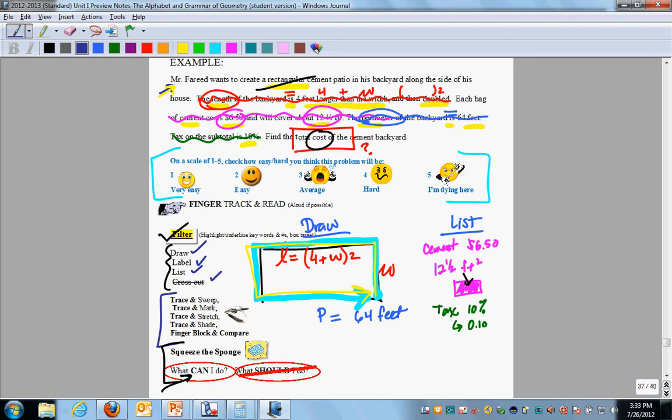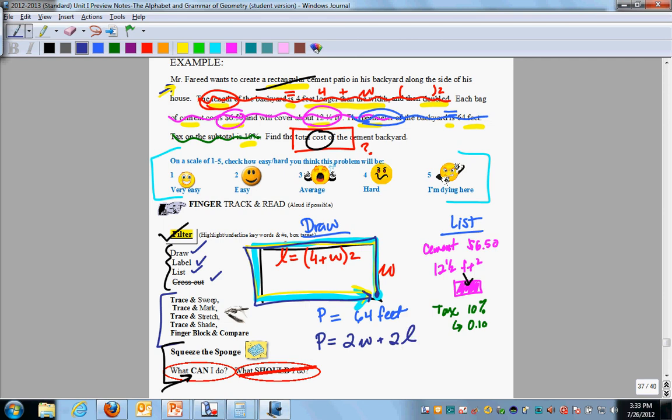And what is that equation? Right, perimeter equals, now walk this around with me. We have a width plus length plus width plus length. 2 widths plus 2 lengths. That's perimeter. 2 widths plus 2 lengths.